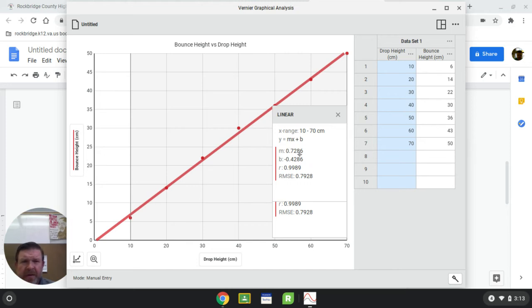How do you know if you should do that or not? Let's look at this. If you look at the Y-intercept of this, it's pretty small, and it looks like it comes pretty close to the origin. Now, should it go through the origin, or should it not go through the origin?